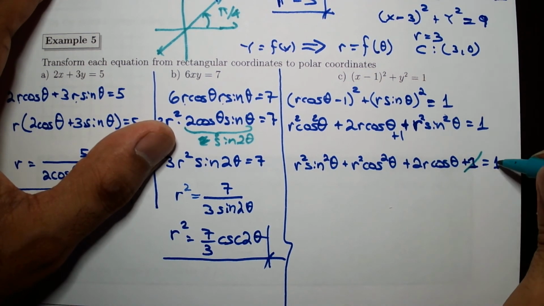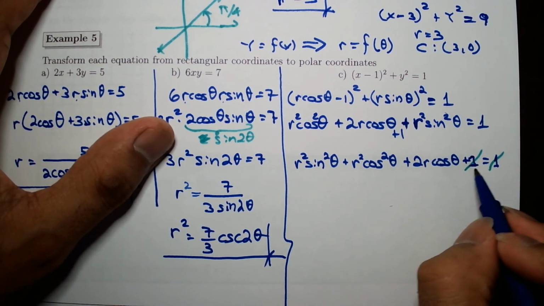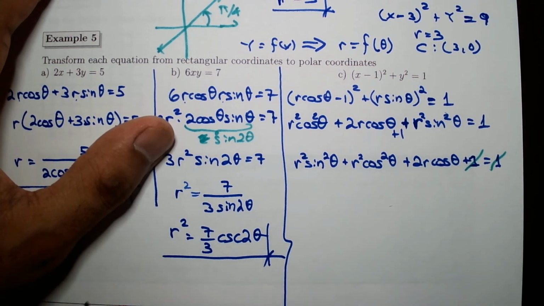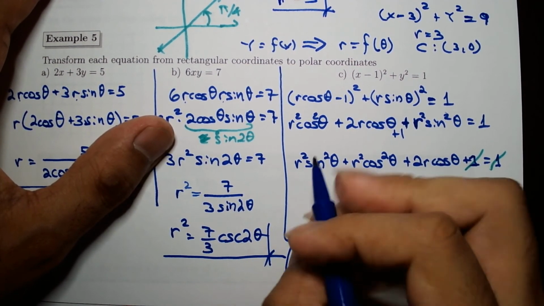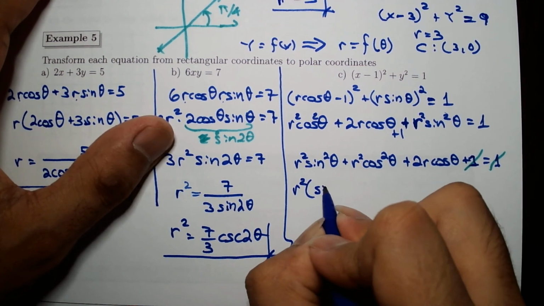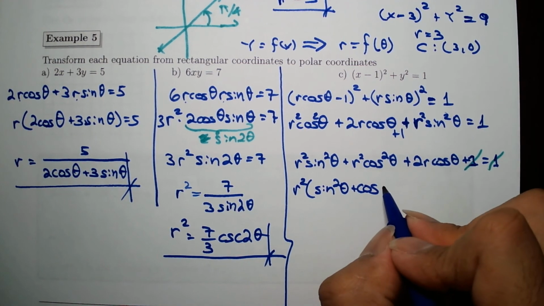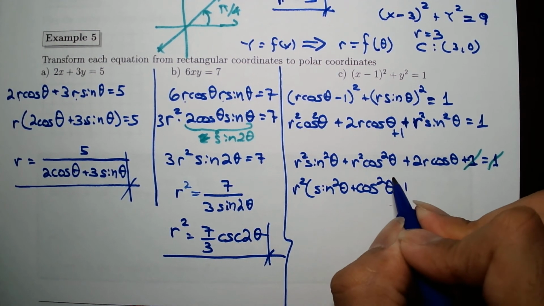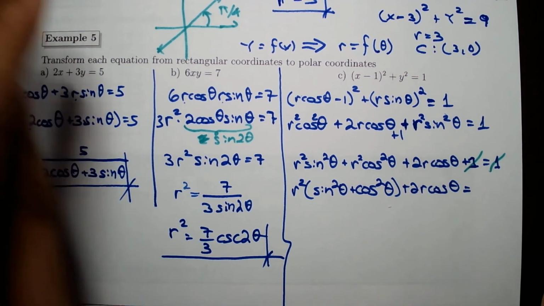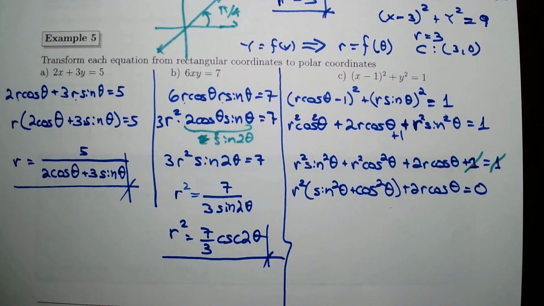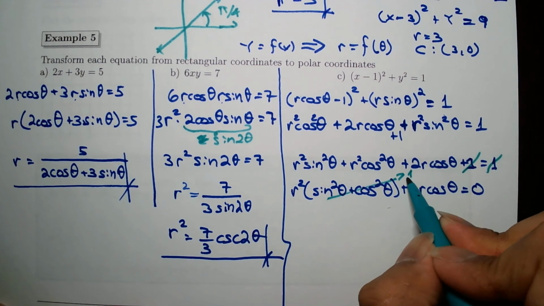Notice how these ones go away, giving us a 0 on each side, but what we want to do here is factor this r squared. And this is an identity.